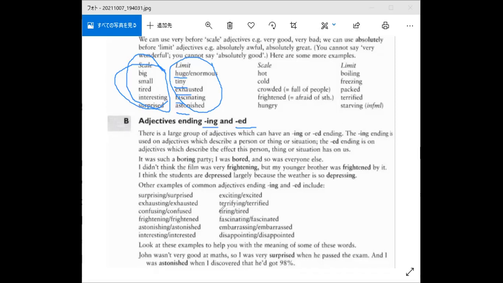Fascinating itu sangat menarik. Tiring itu capek banget ya. Terrifying, sangat takut ya. Exciting itu sangat menyenangkan, sangat menarik. Interesting, menarik. Astonishing, sangat wow gitu. Frightening again, confusing, membingungkan, exhausting, sangat capek. Surprising, sangat mengejutkan.